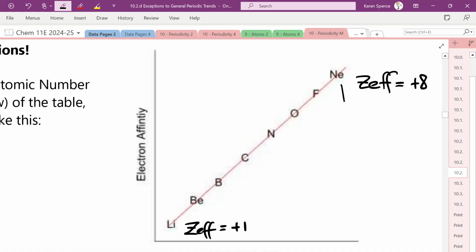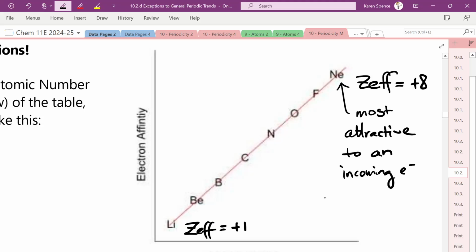We would expect this to be the most attractive to an incoming electron if we were only basing it on Zeff. We'd be like, yeah, okay, neon, best.